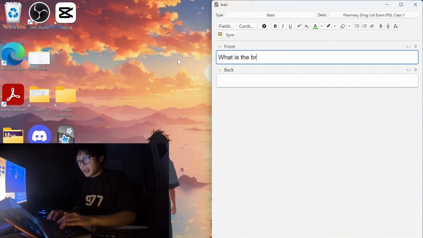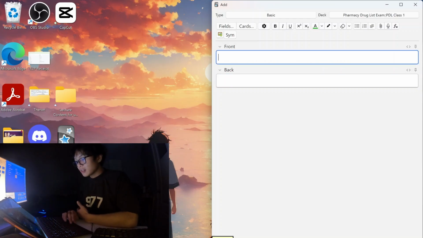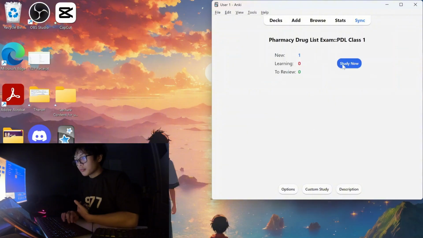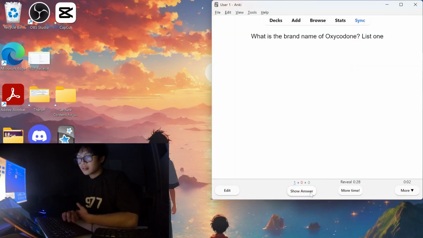What is the brand name of oxycodone? OxyNEO. Fairly straightforward. Once you're done making the flashcard, you click on add, and when you want to review the flashcard, you go back out and click on study now. Then there you go.